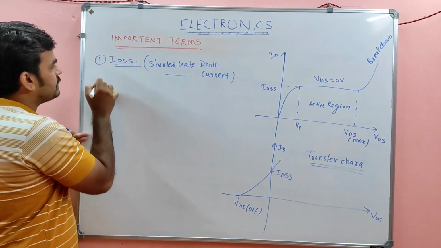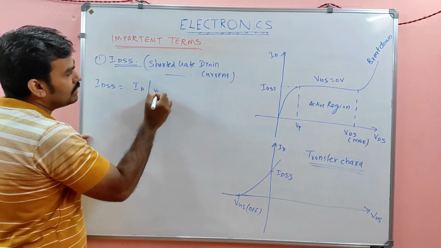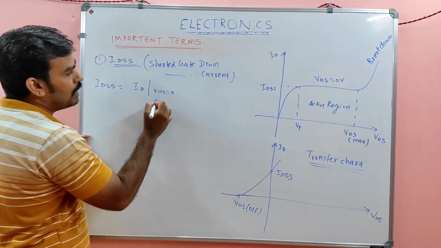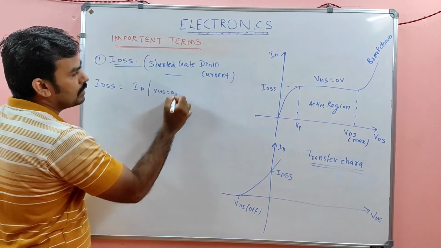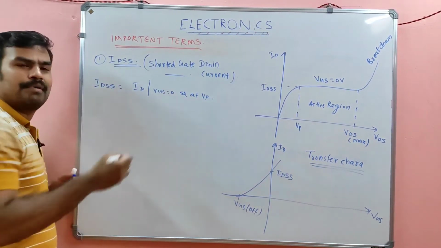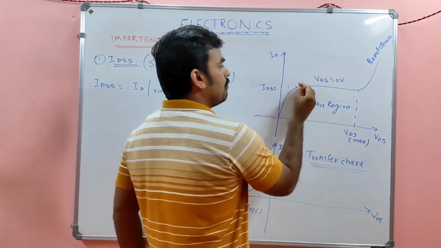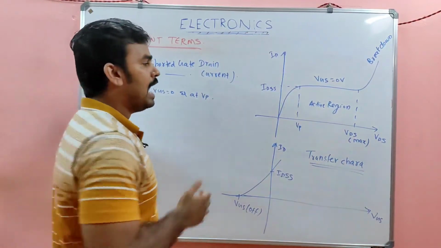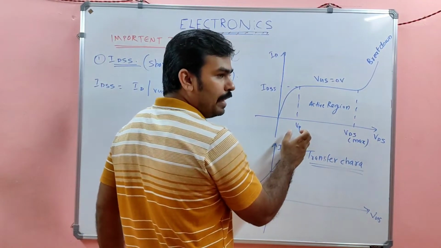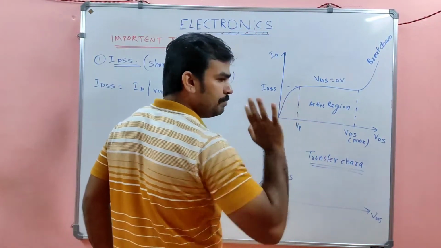IDSS is nothing but ID at VGS equal to 0 and at Vp. So that is a simple way you can explain IDSS. That means it is the maximum value of the drain current at pinch-off voltage.